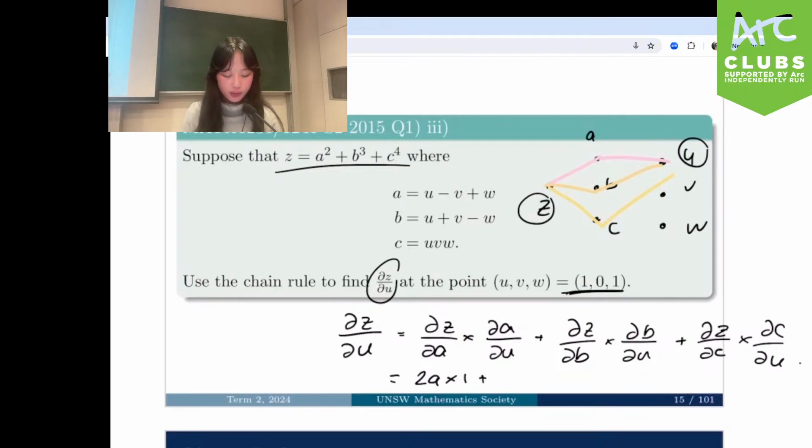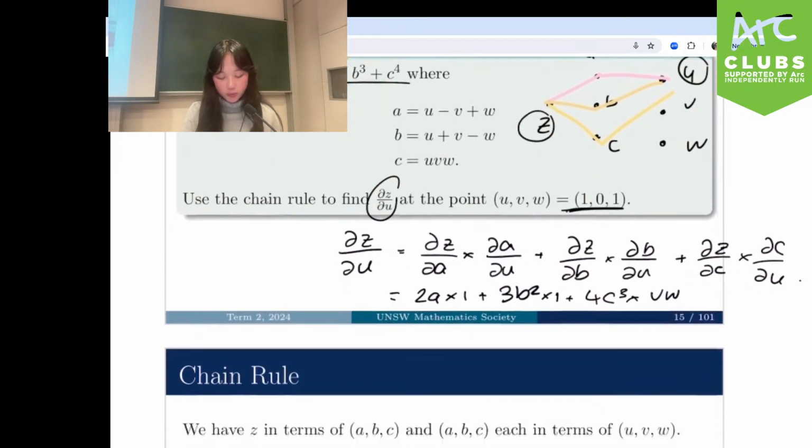That is the derivative of that, which is 3b squared. And what's delta b on delta u? That is 1, because we're just diffing this. Everything else in that expression is a constant to us. As you can probably tell, then we've got 4c cubed and vw, which are just treated as constant coefficients of u.